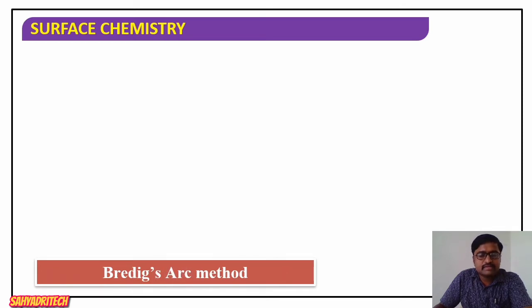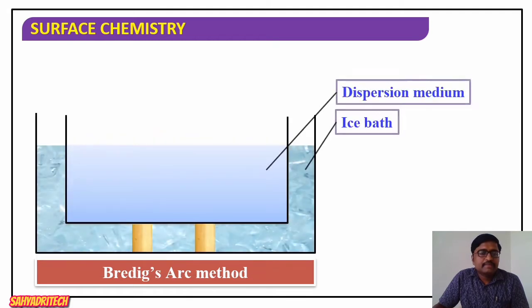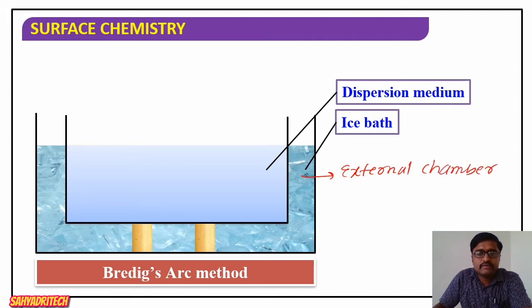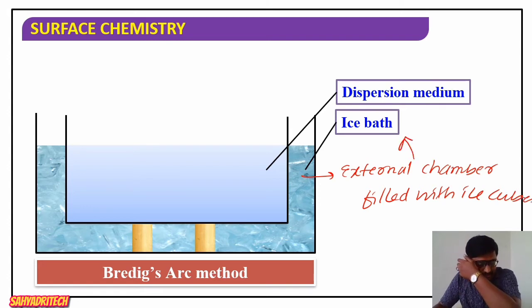Practically, if we consider how the preparation of that sol is done, there will be an ice bath. If we consider practical information about Bredig's arc method, there will be an external chamber filled with ice cubes, simply called an ice bath.